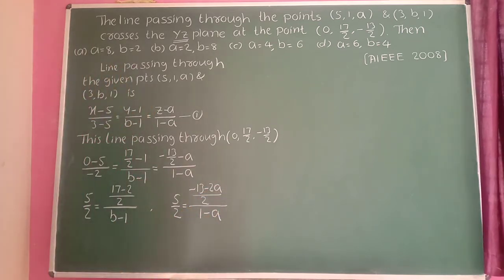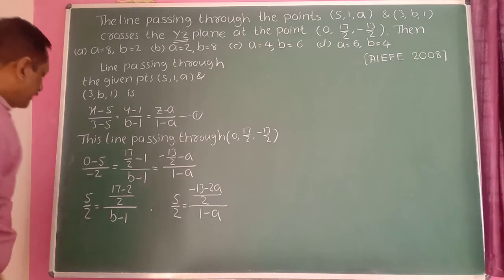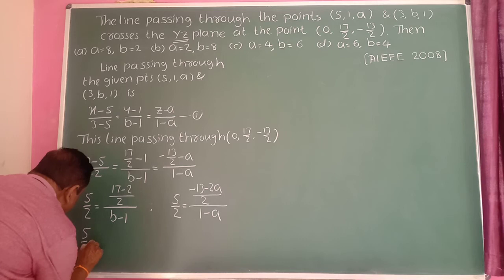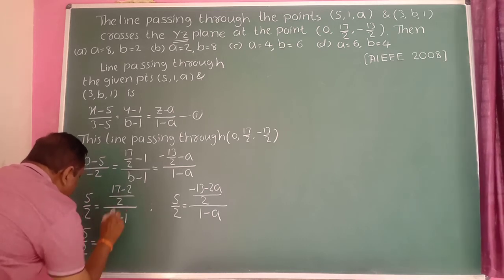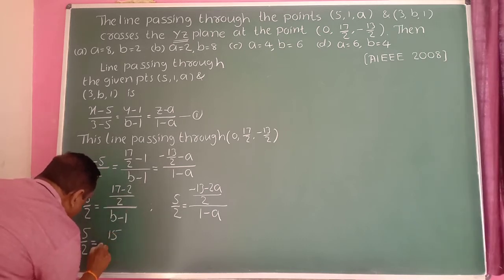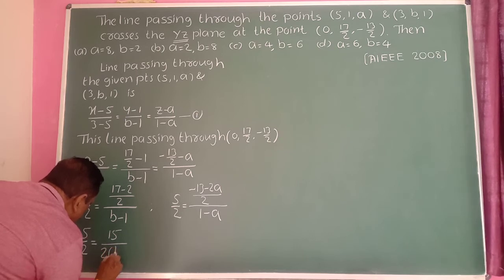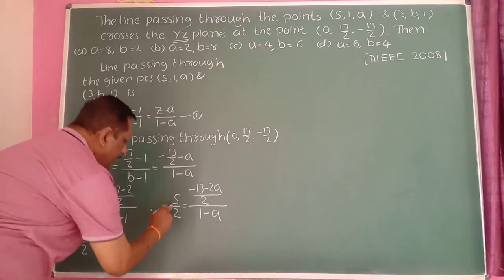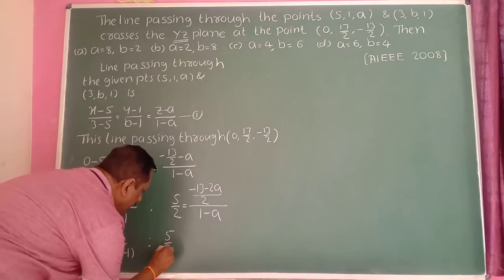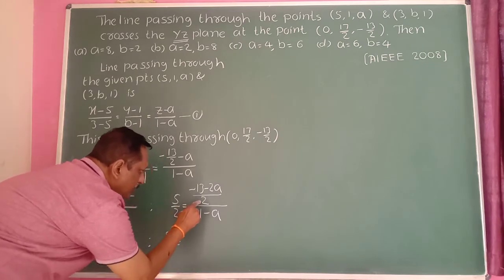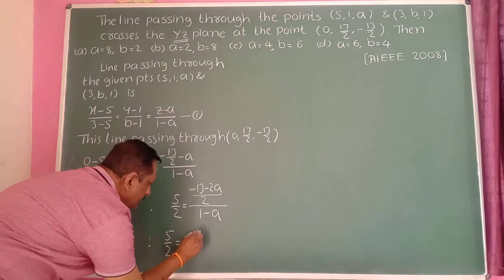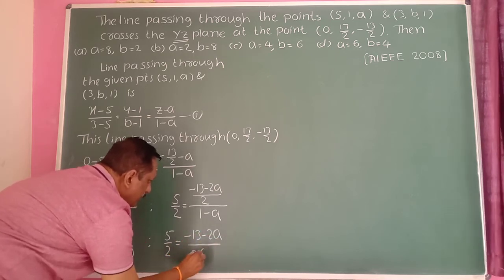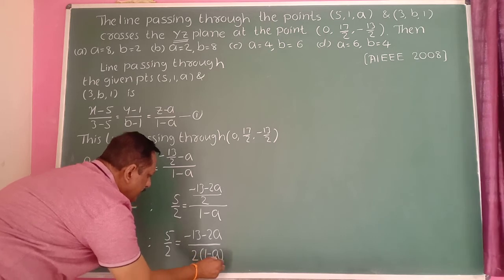So 5 divided by 2 is equal to 15 divided by 2 into (b minus 1), and 5 divided by 2 is also equal to (minus 13 minus 2a) divided by 2 into (1 minus a).